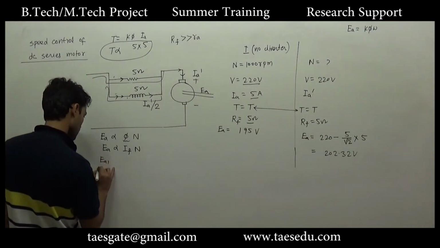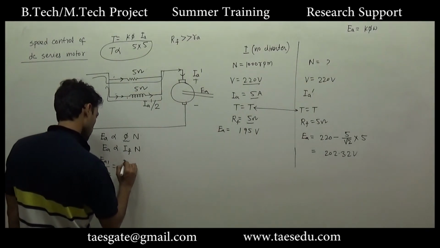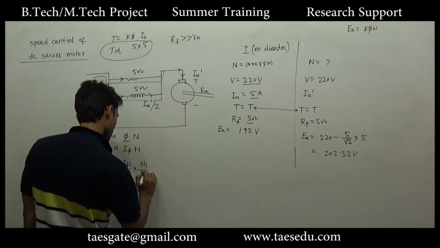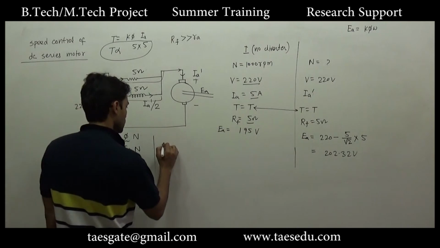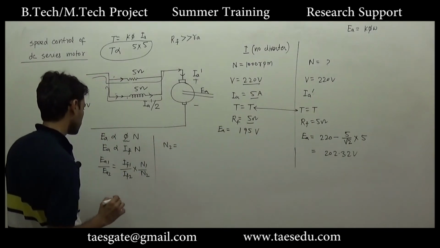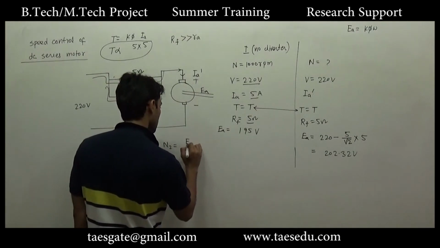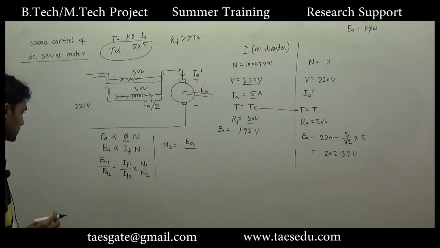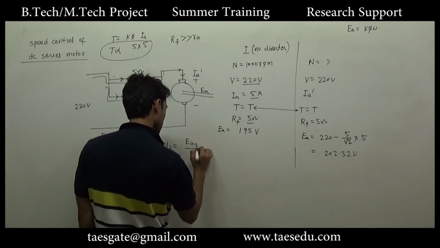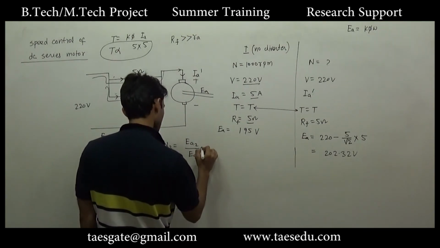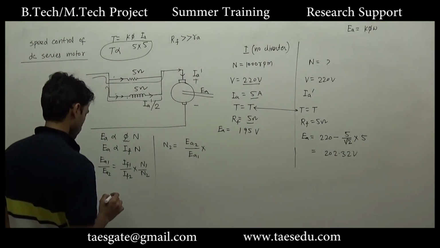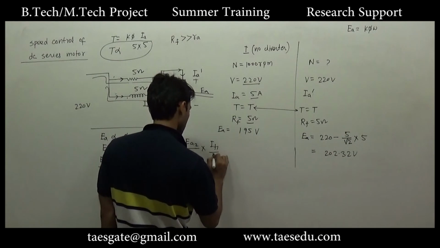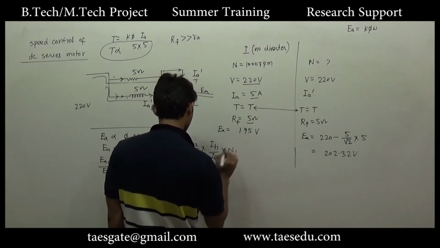So EA1 by EA2 is equal to field current in the first case divided by field current in the second case, into N1 by N2. So N2 will be equal to EA2 by EA1 into IF1 by IF2 into N1.